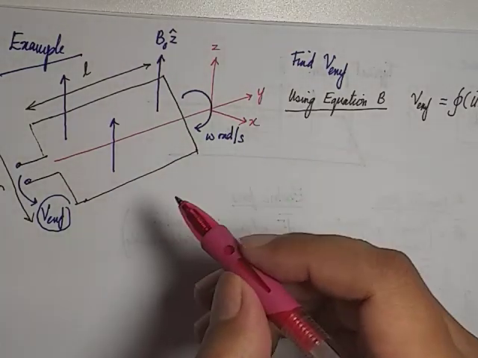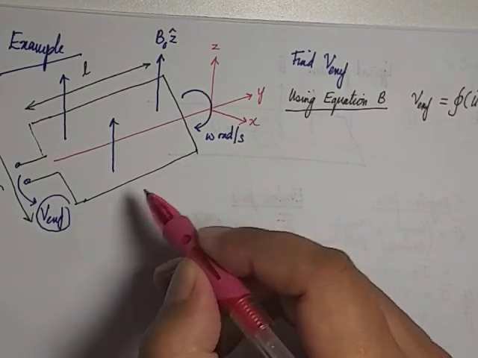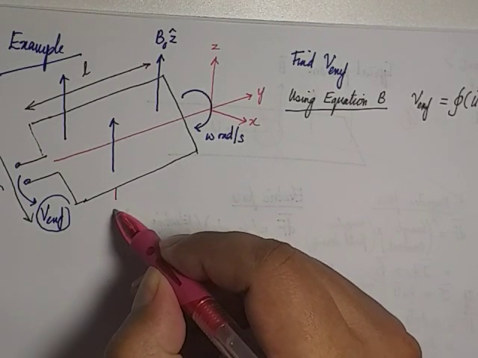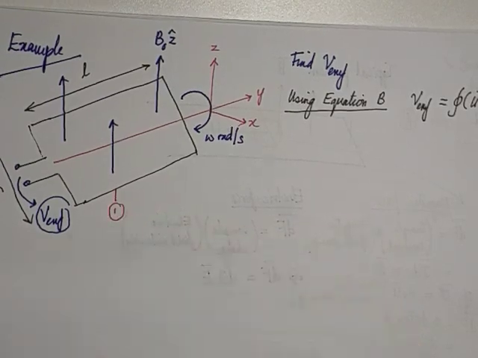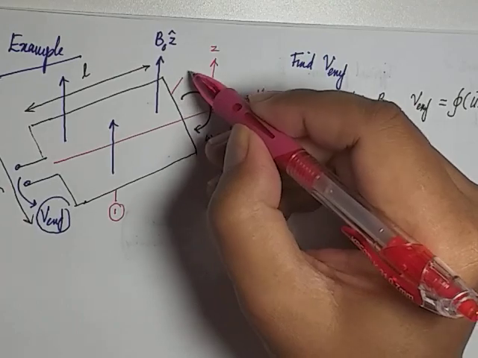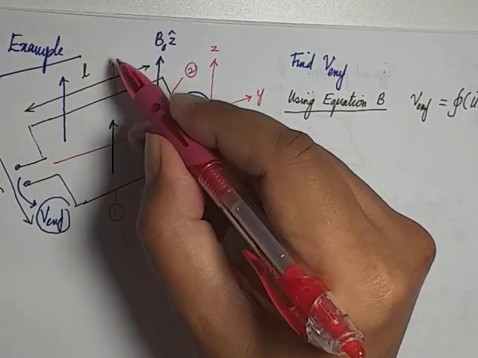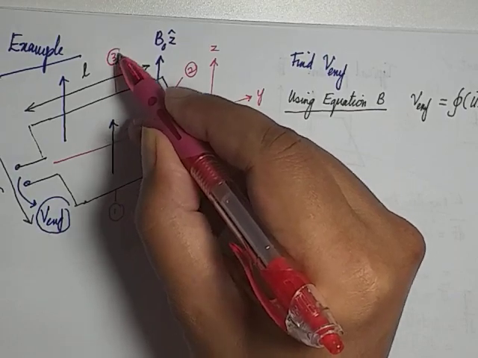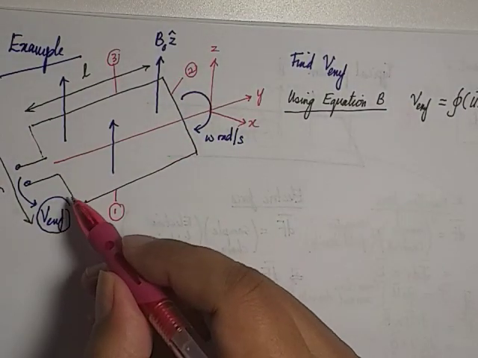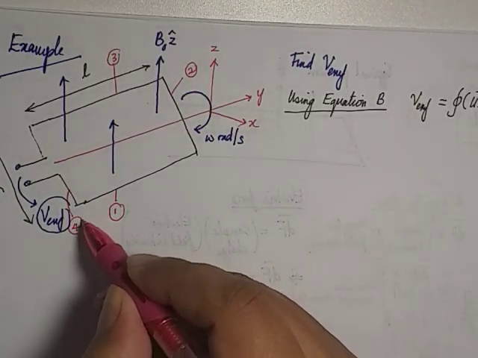This part of the structure I'm going to label as site number 1, this particular part site number 2, this site number 3, and finally, this particular part of the structure we're going to label site number 4.